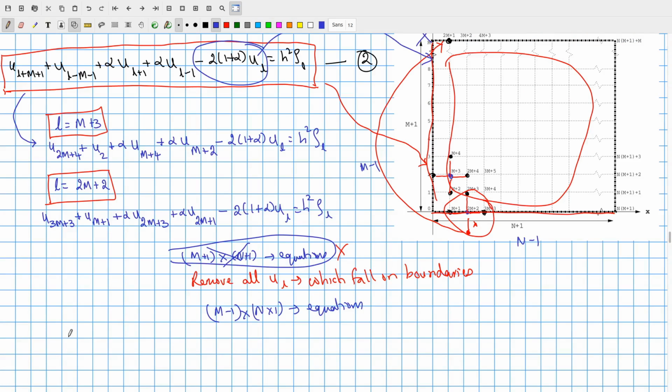So finally what we end up with is m minus 1 into n minus 1 equations, given in the form which is given here.